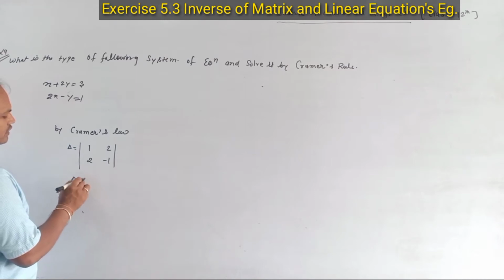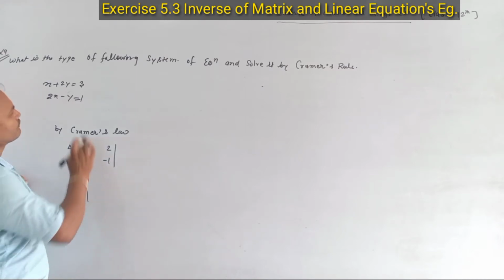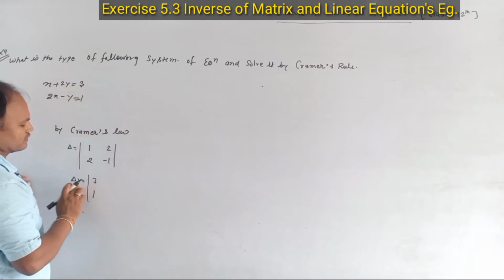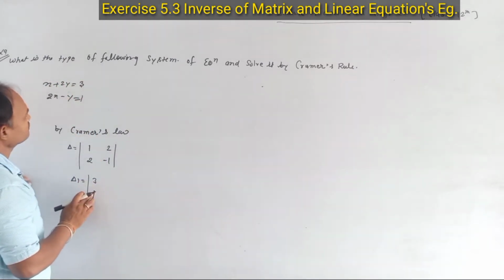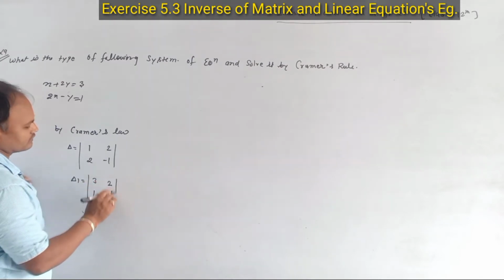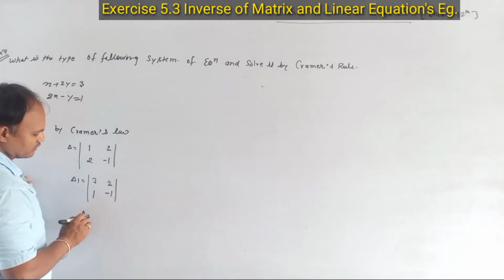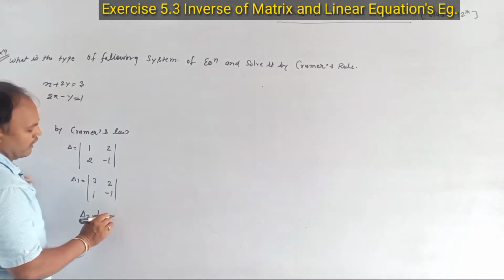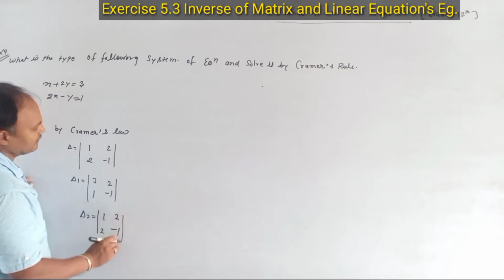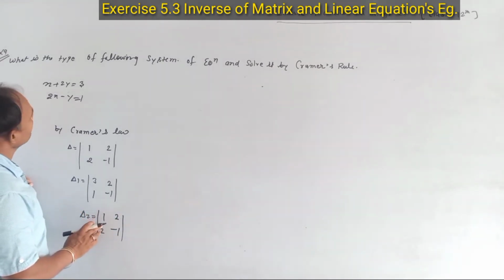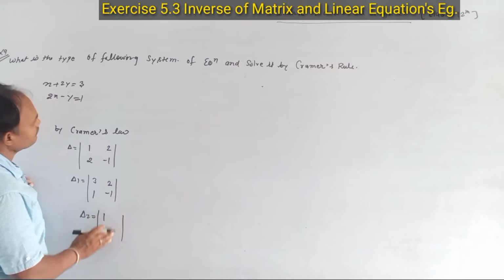Delta 1 equals 3, 1 replaced in the first column, so 3, 1, 2, minus 1. Delta 2 equals 1, 2 and 3, 1.